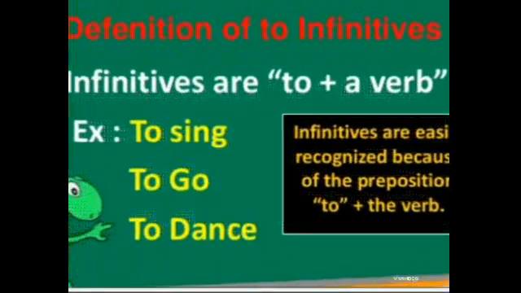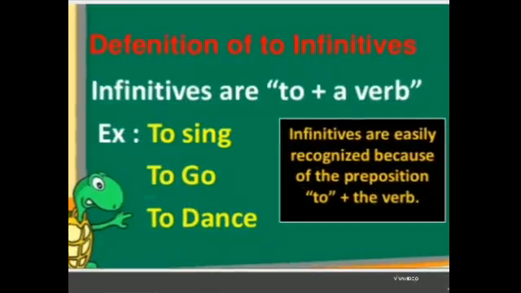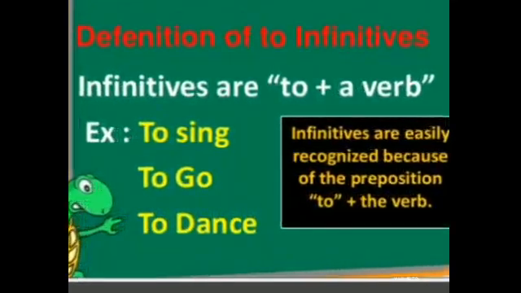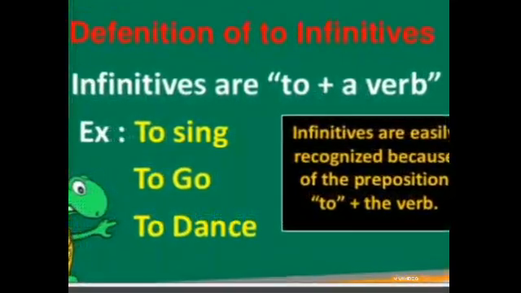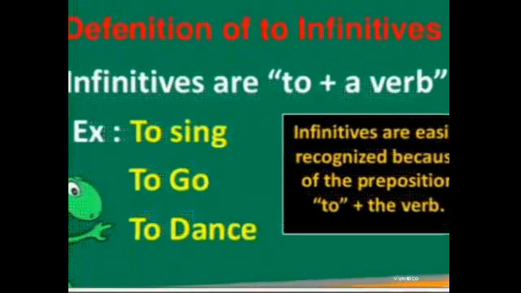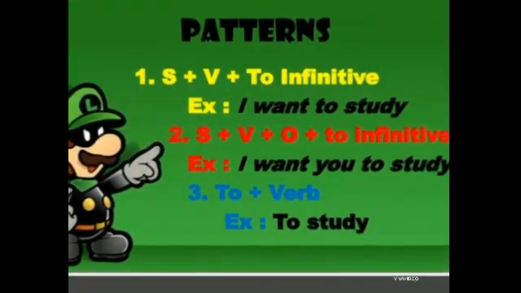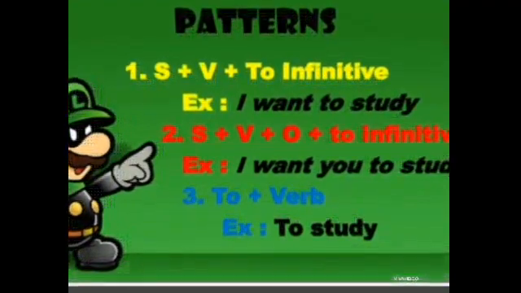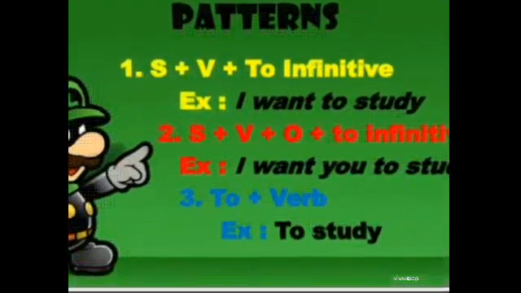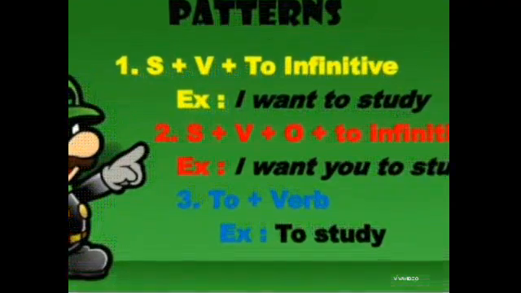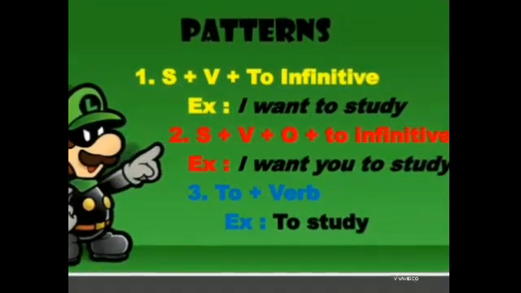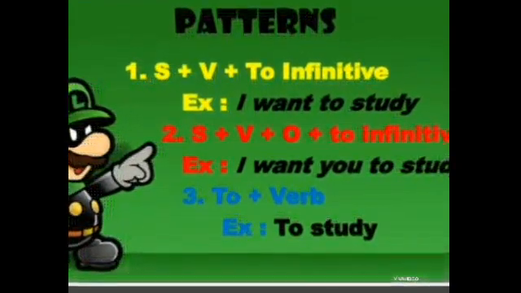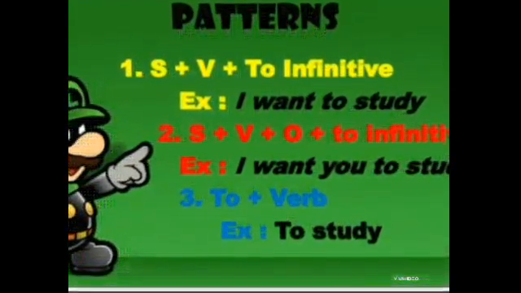Infinitives are easily recognized because of the preposition to plus the verb. But it is not always that it will have the preposition to. Pattern: subject plus verb plus to-infinitive. I want to study. I is the subject, want is the verb, and to study is the infinitive.